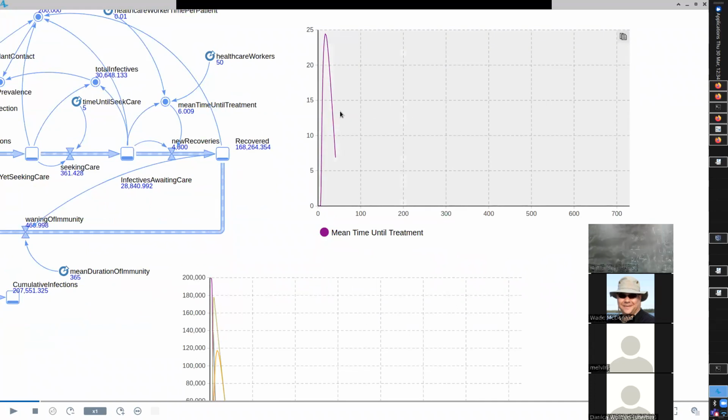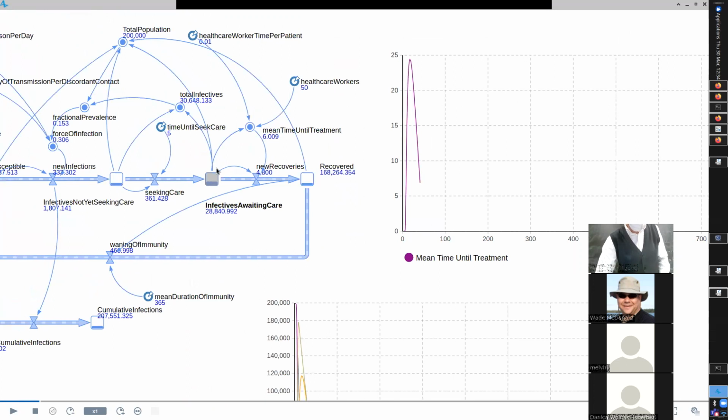Yeah, people are waiting care. And so that makes others who are waiting wait longer. And while they're waiting, what are they doing? Spreading the infection. So they can't get treated, they can't recover until they're treated.